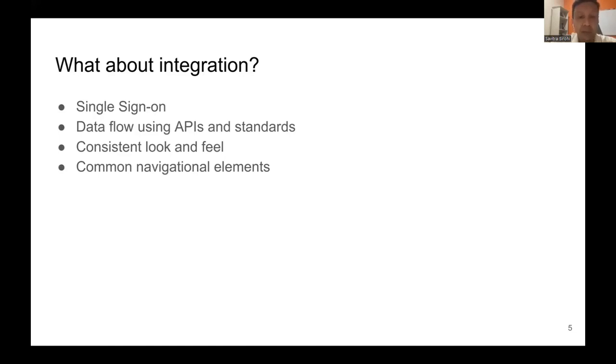Like OAI-PMH, right? Or there is a new standard called IIIF, which is for image portability. Okay, image and metadata, you want to share that kind of data. So there is an IIIF format or standard, right? So we were interested in technology which had good API support, which followed global standards, right? Because as long as a system follows standards, you can talk to it. You can make the systems talk to each other, right? So these two we had to do.